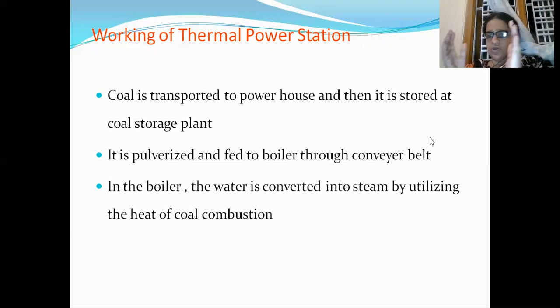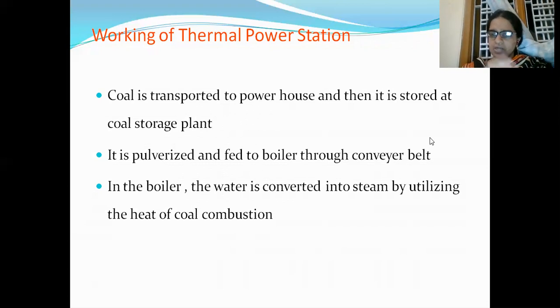Your thermal power station might be nearer to the coal mines, or it may be far away. Wherever the coal mines may be, you need to transport the coal. If it is nearer, the transportation will be less. If it is far away, you need to use roadways or railways, like goods trains, for transportation of coal through rail.